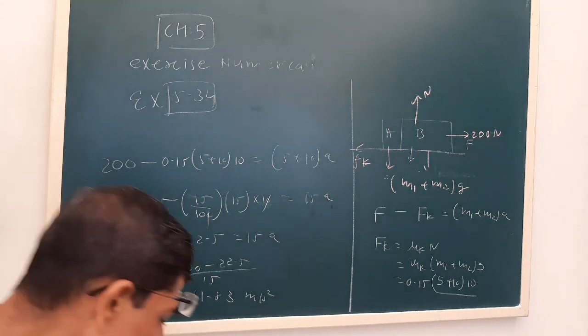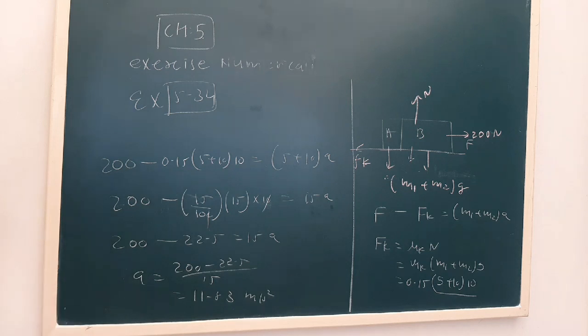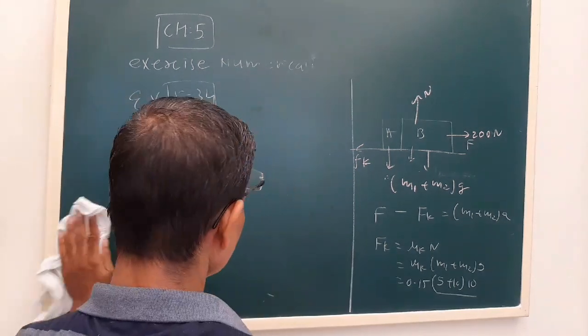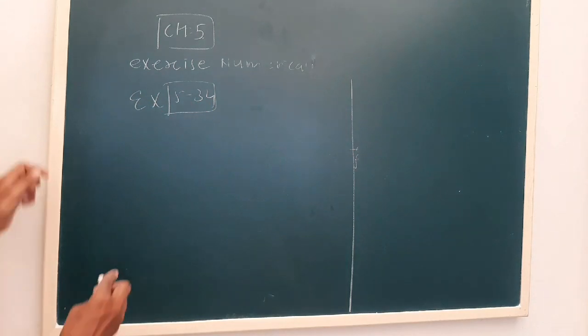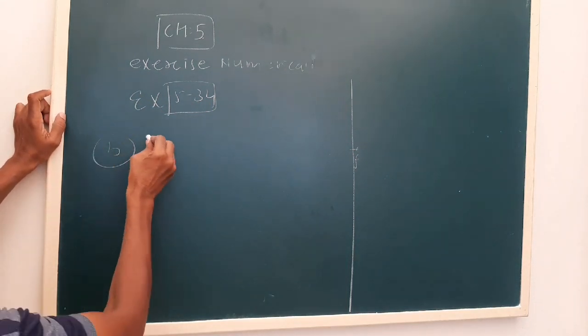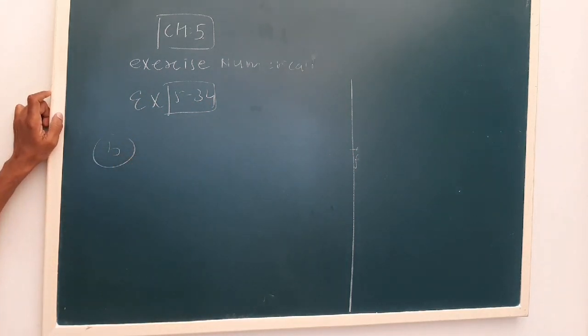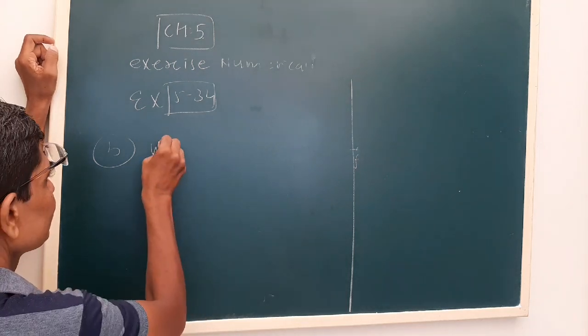Now the second part: if the partition is not there, how will the force change? That is part B of the question. If the partition is not there, both blocks will move.